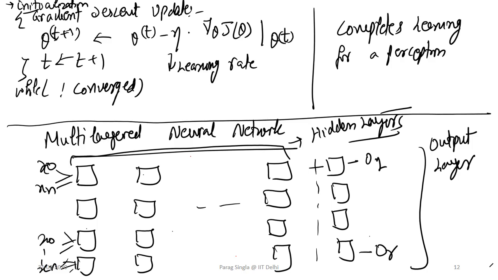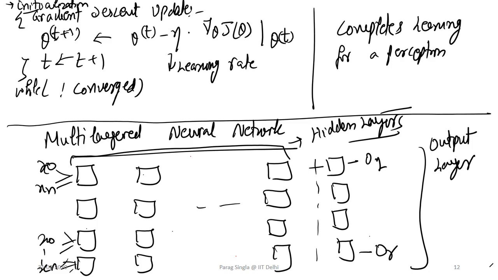And this is your update, and then you repeat this while not converged, right? And of course there is an initialization that also happens, which I have not written here.